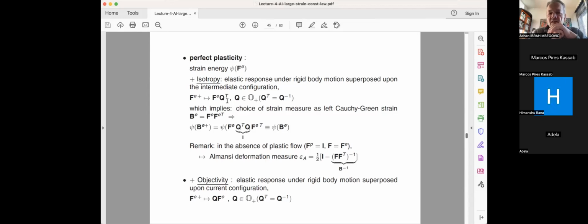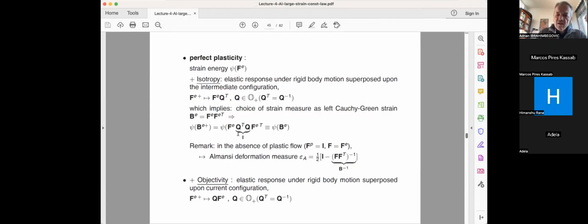It so happens that if you want to be able to verify this from the start, it's a similar thing that we've already done for the elasticity. You actually have to define your response not in terms of F, but rather in terms of B, where B is F F transpose. But in this particular case, it's not going to be just F. The total F is just the elastic part. So you'll talk about the elastic left Cauchy-Green strain, which is equal to Fe Fe transpose.